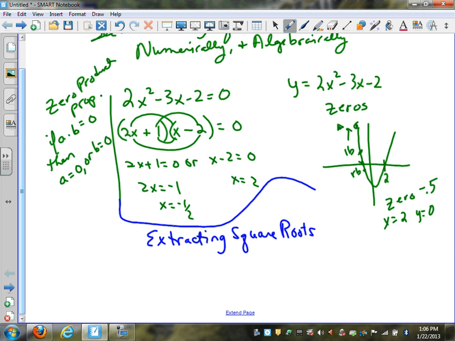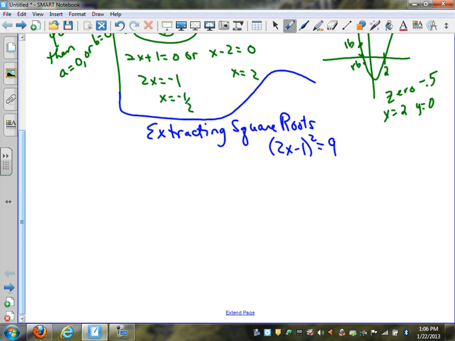If they gave you something like 2x minus 1, quantity squared, equals 9, how would you solve that? First, you'd take the square root of both sides. The square root of anything squared is itself. The square root of 9 is 3 or negative 3. So actually we have two problems: 2x minus 1 equals positive 3, and 2x minus 1 equals negative 3.